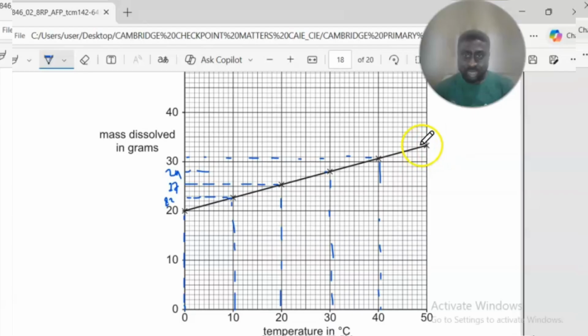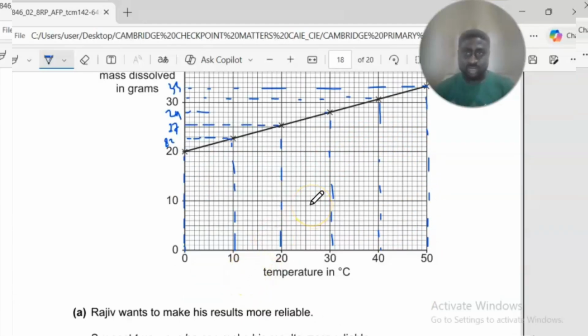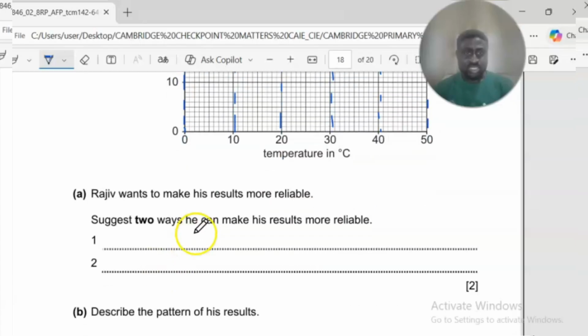Then at mass, trace it. This is 30, 31, 32, 33 grams. He recorded 50 degrees centigrade. Having studied this carefully from the markings, A says Rajiv wants to make his results more reliable.